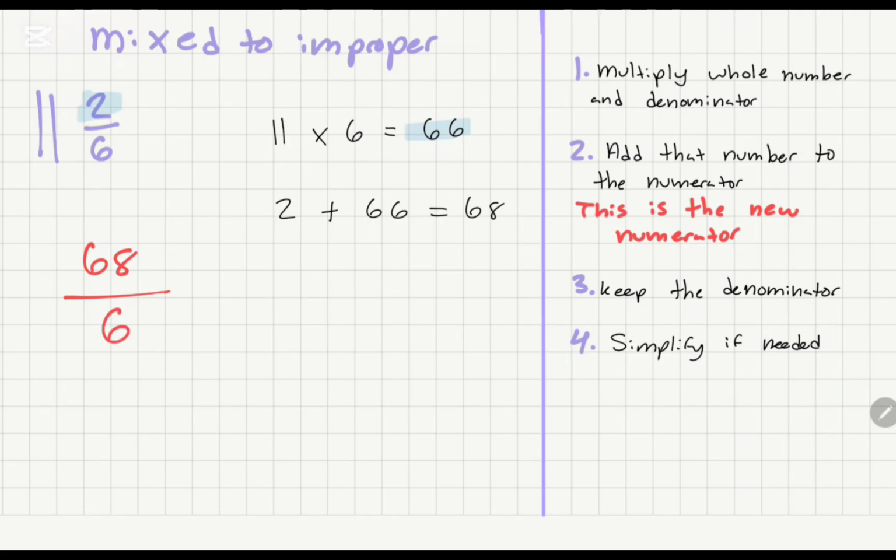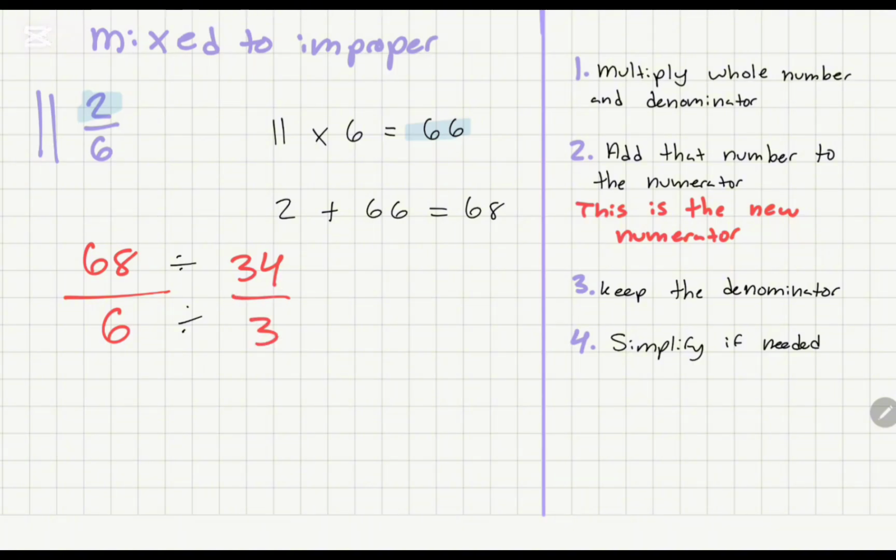Now, while this is an improper fraction, remember that we have to simplify it. I noticed that 68 and 6 are both even numbers, so that means we can divide them by 2, just like in our other example. What is half of 68? So half of 68 is 34. I'm actually going to draw that in red. So 34 over 3.